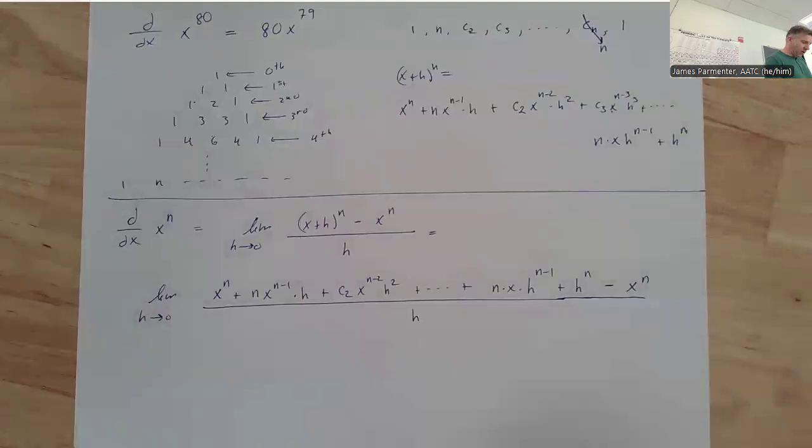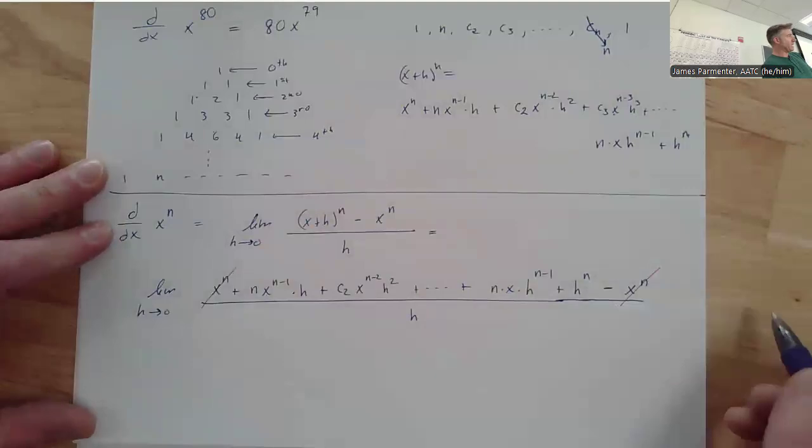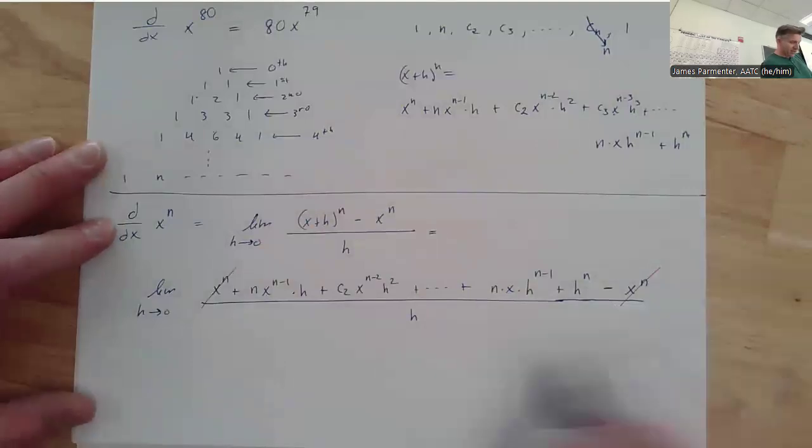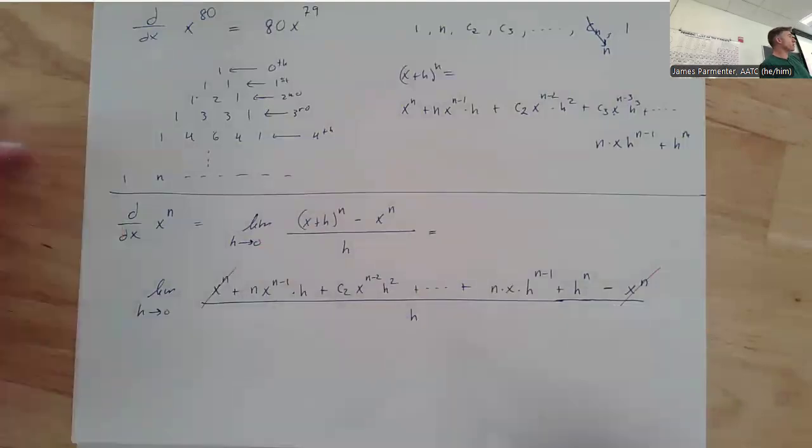Anyway, just like before, the x to the n minus x to the n is 0. Every remaining term has an h in it. And when I divide each thing by h, the first term won't have an h anymore, but every other term will still have an h.